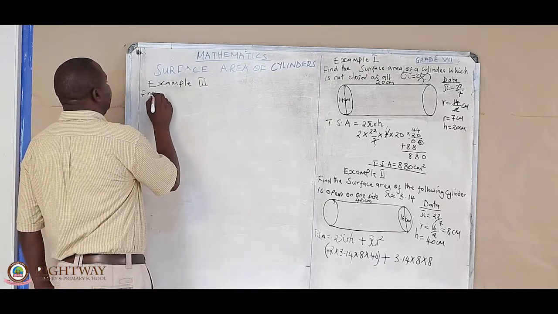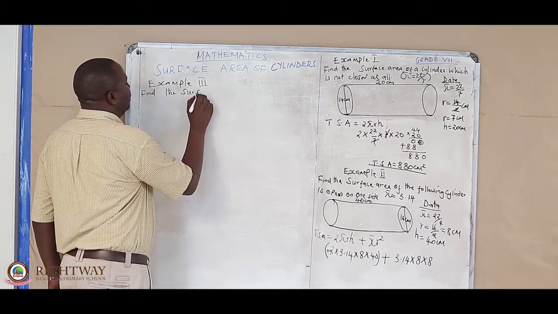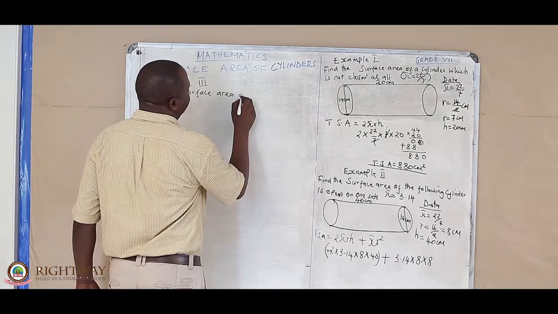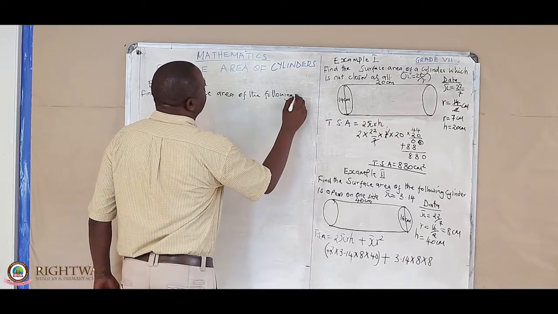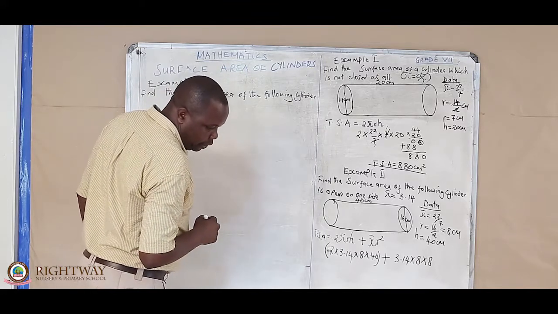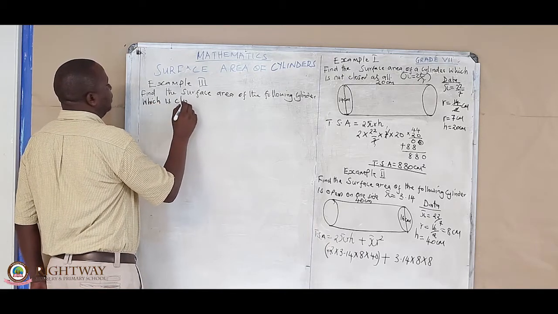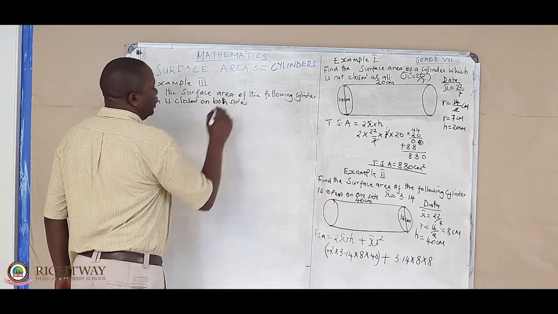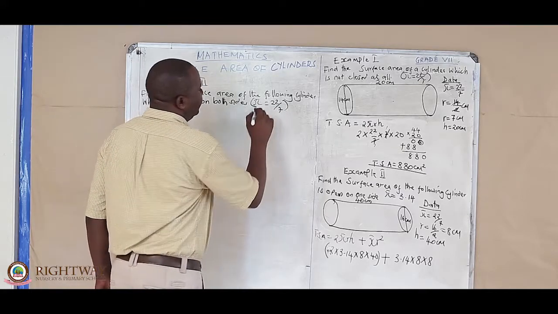Says find the surface area of the following cylinder, which is closed on both sides, and you have been told to use pi as 22/7.